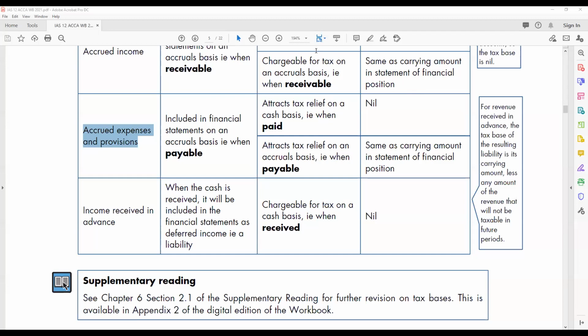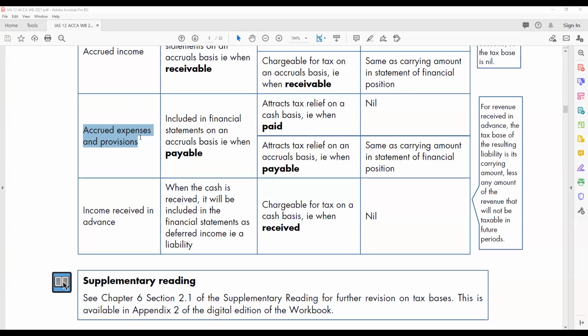Okay, we'll continue. Accrued expenses mean wage payable, salary payable, electricity payable, right? The expenses in respect of this year, but still not paid in cash.